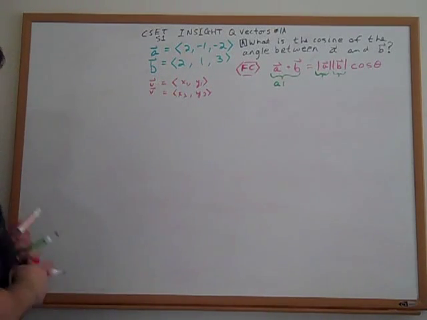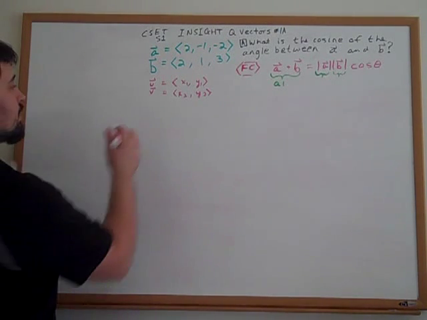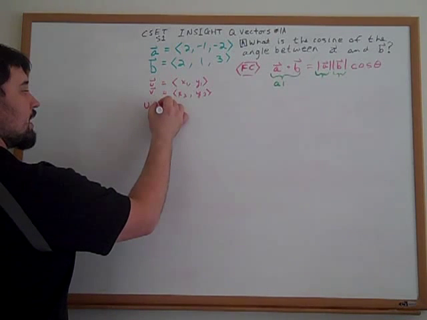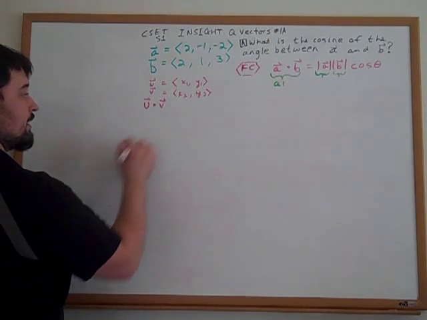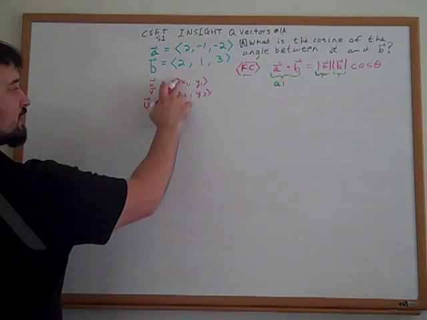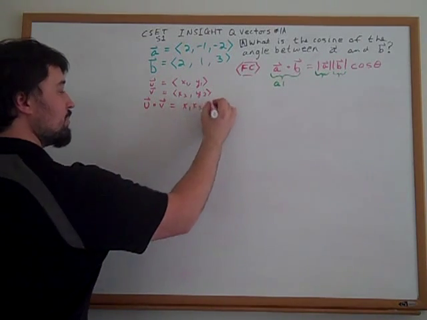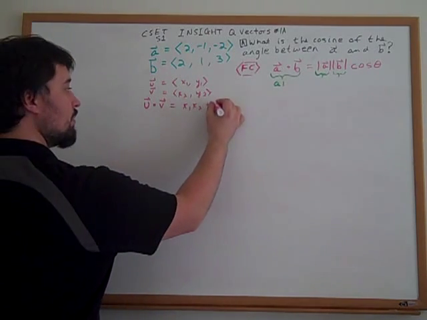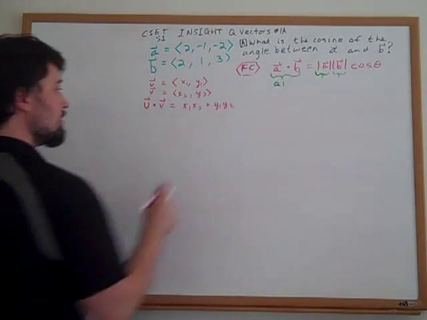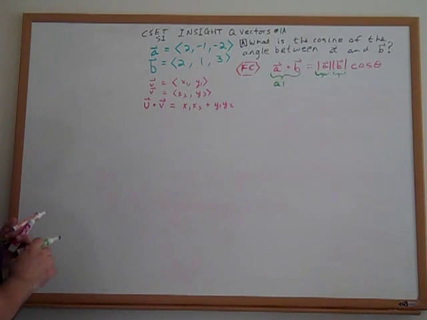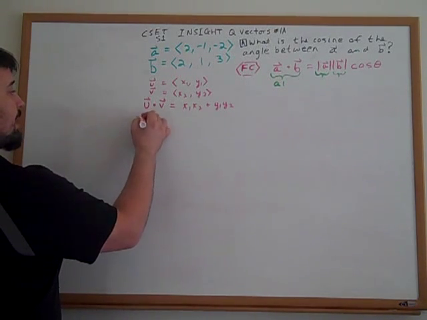So here we have our two vectors. When we do u dot v, we just multiply the two x components together, so x1 times x2, plus we add the two y components.